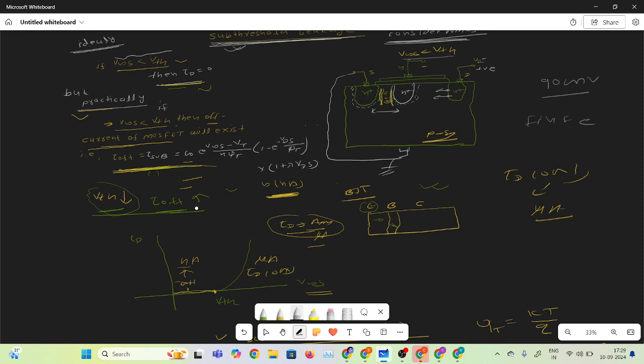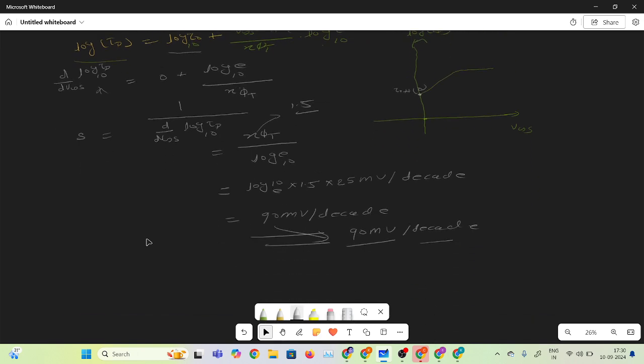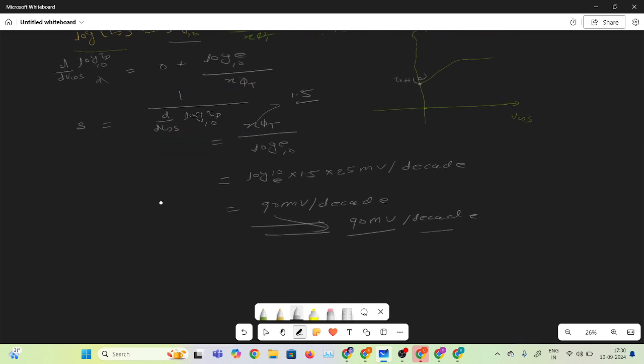So to reduce this subthreshold leakage, for a decade, meaning 10, we need to apply extra 90 millivolt, yeah, 60 millivolt, on the gate terminal for every decade, meaning in multiples of 10, to avoid this subthreshold leakage. So this is a very big, serious problem. If we reduce the threshold voltage so much, that's why we can't reduce it so much. I hope you understand the subthreshold leakage.